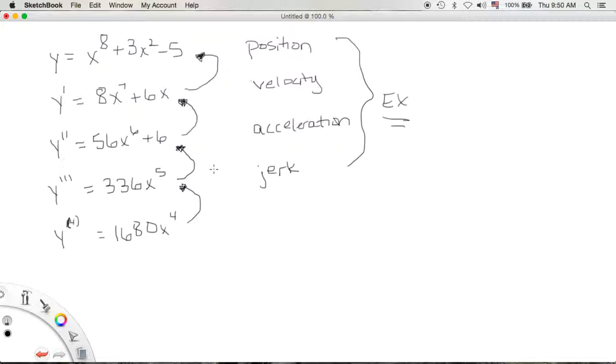So you can analyze what's going on with different products. Cars, they look at all kinds of different things when they're figuring out if the car is aerodynamic and that kind of thing.